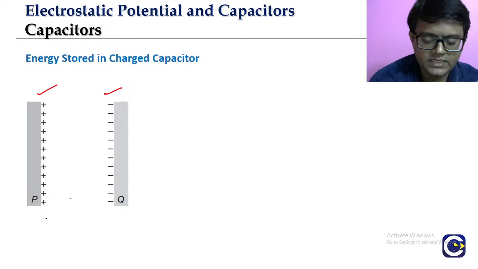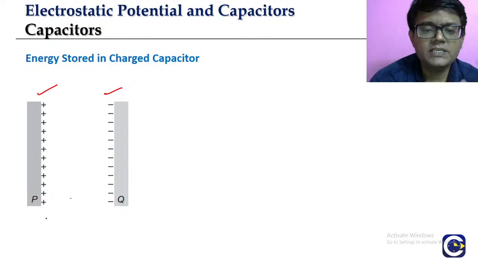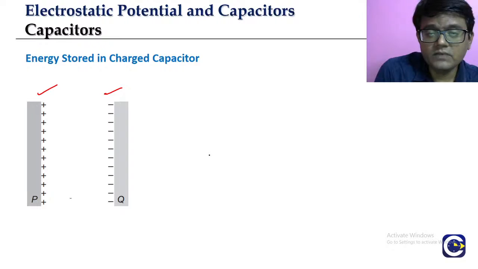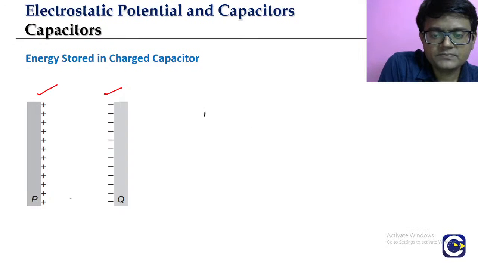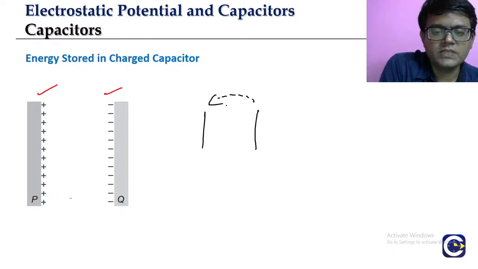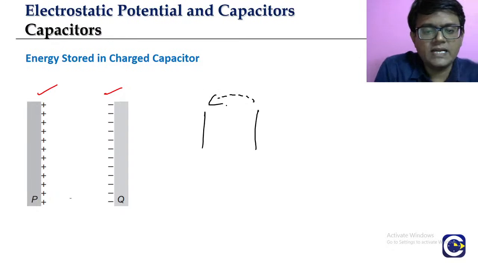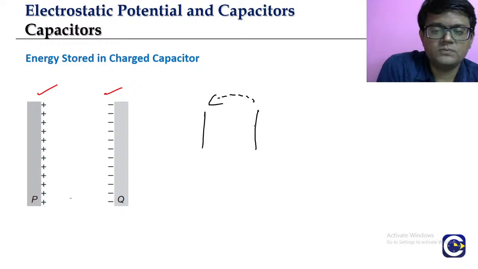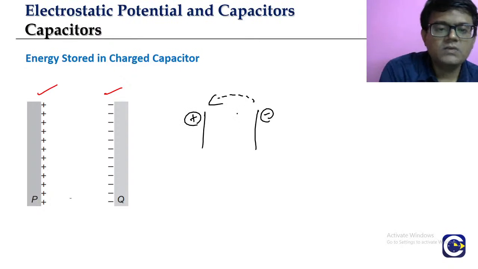How do we calculate it? Remember, in the initial class, when discussing the method of charging the plates, one method is to take a small amount of charge and transfer it to the other plate. After some time one plate will have a deficit of charge and the other will be getting positive charge. So we can keep on moving the charge by small amounts.